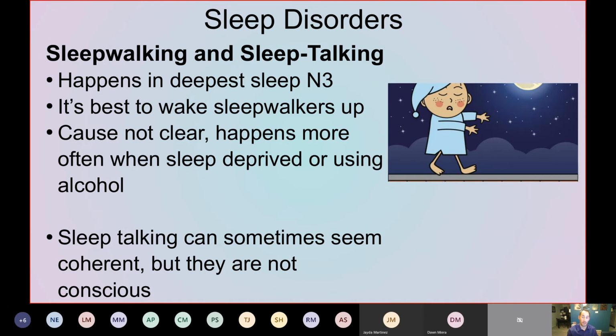So that's one of those problems. It could be that they are talking specifically about the dream they're having, but it's a hard thing to research. If you're asking someone who is being woken up from N3 sleep, they're going to be disoriented. It's going to be really hard to get a good answer.